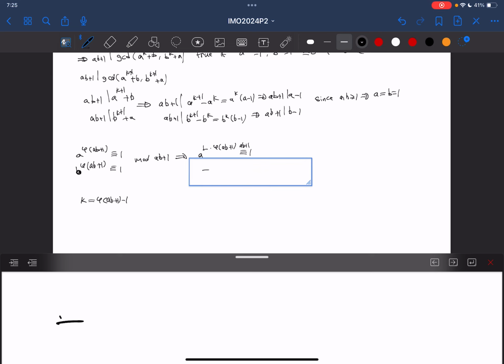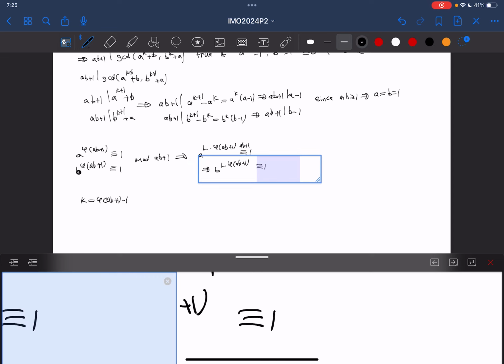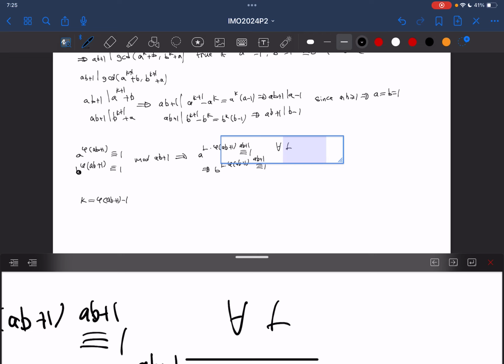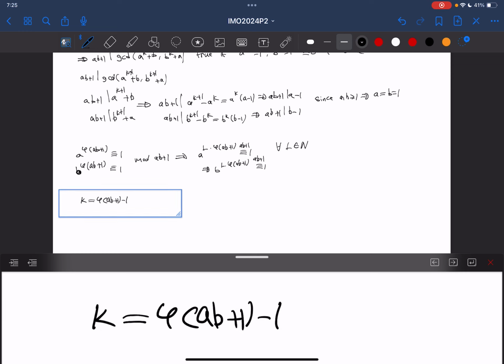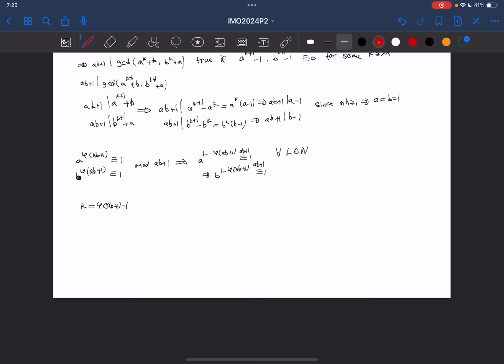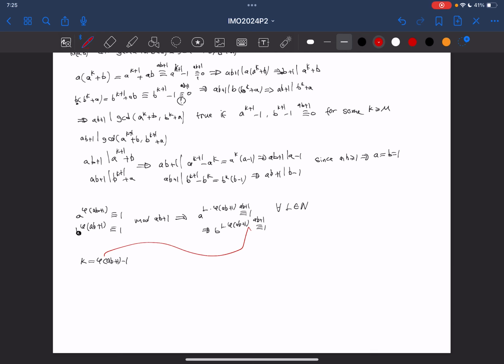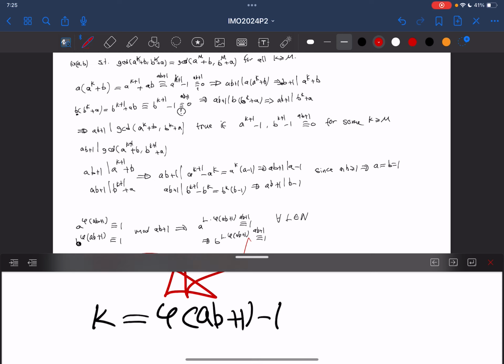And I could also say that b to the power L times phi of ab plus 1 is again 1 mod ab plus 1 for all positive integers L. So I can take this fact here and change my k, right?